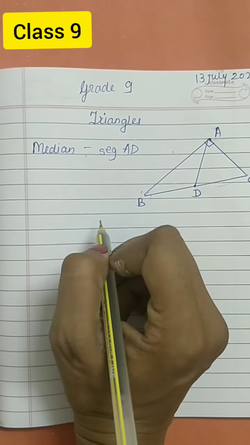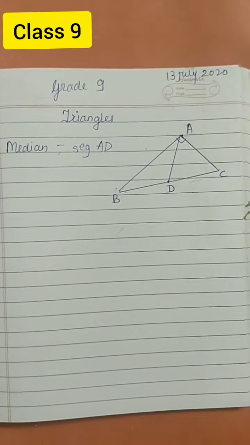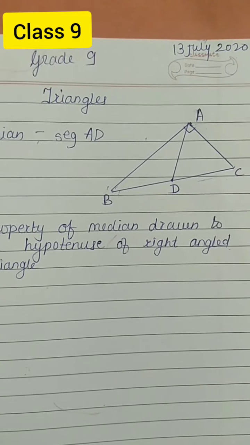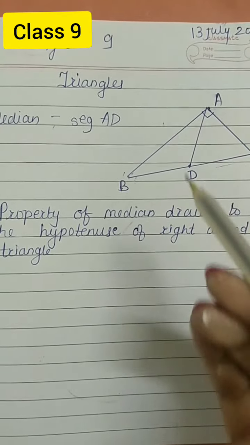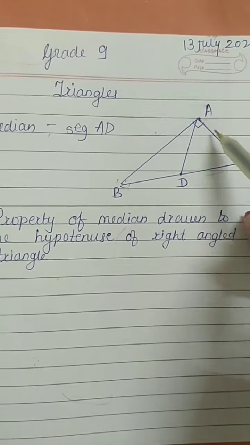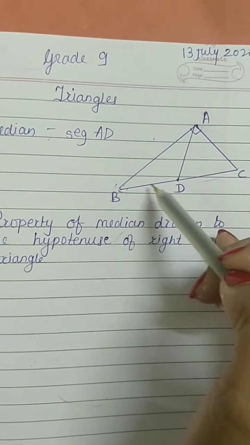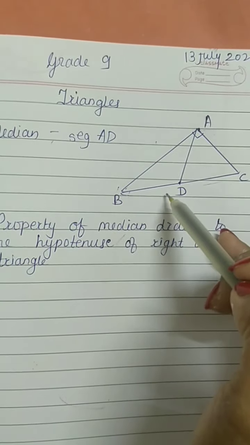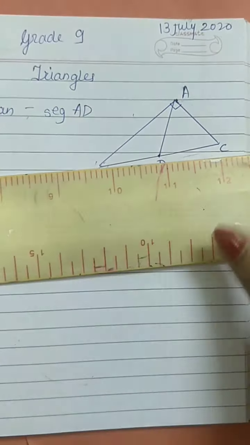Now we are going to study one very important property of this segment, the median: the property of a median drawn to the hypotenuse of a right angle triangle. In this activity we are going to measure this length BD and measure this length AD. I am going to keep my scale like this.